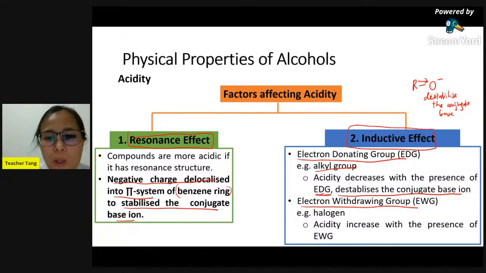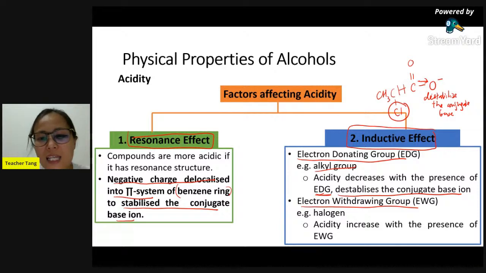But if it is attached to a halogen, the halogen can pull away the electron.